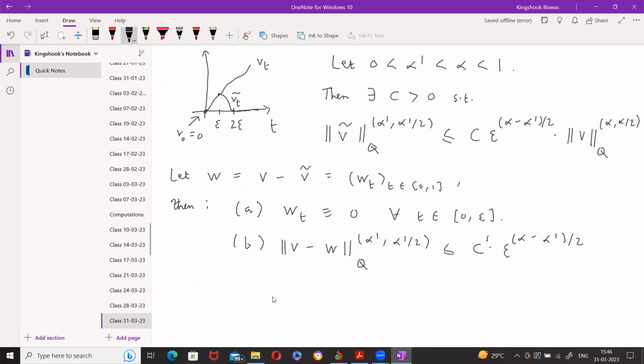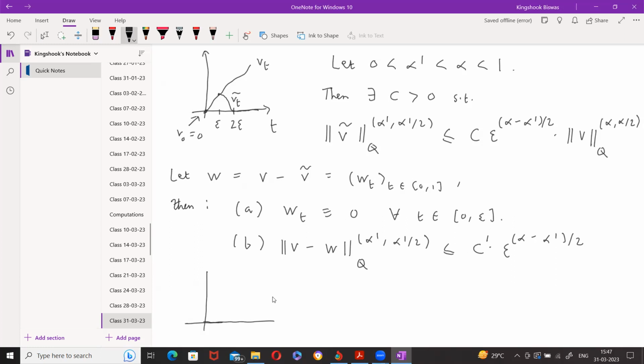So what is the upshot? The upshot is that if I take a V so that at time 0, V naught is equal to 0, then what I can do is basically get a W. So W will look something like this.